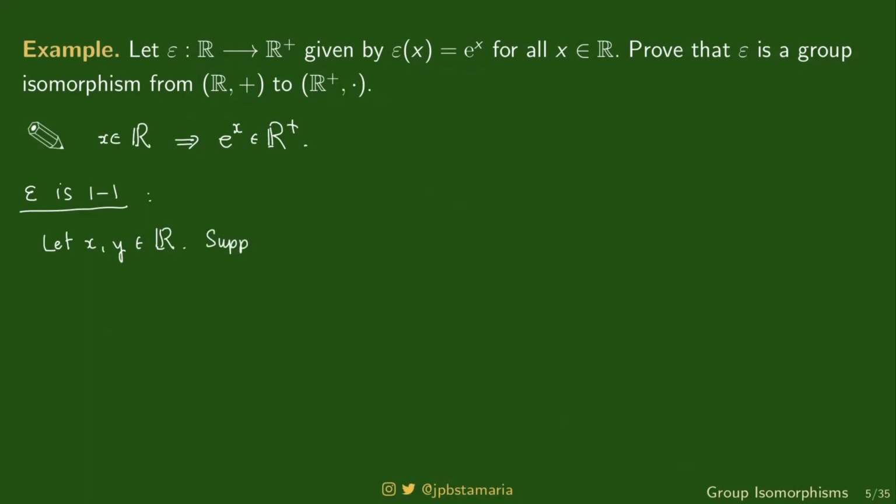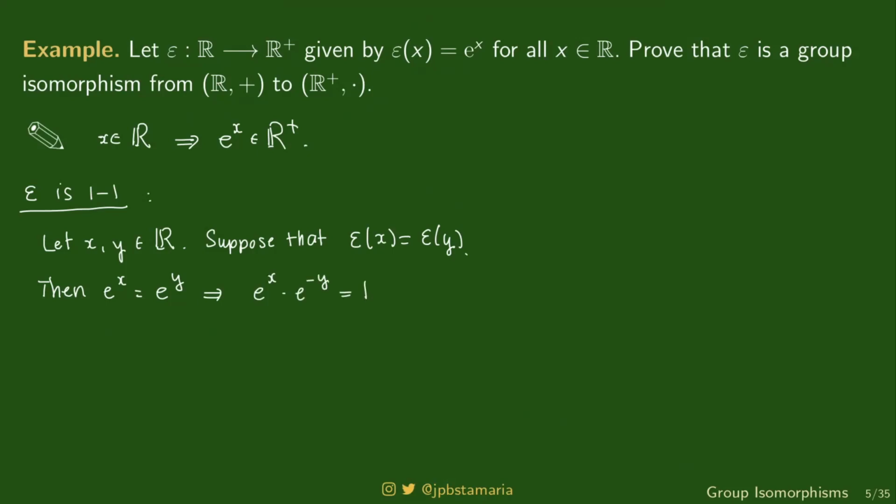and you assume that epsilon of x is equal to epsilon of y, ano mangyayari? Then mangyayari e to the x is equal to e to the y. Correct? But then, this equation will mean e to the x times e to the minus y is 1.